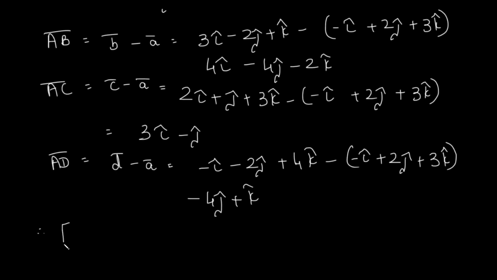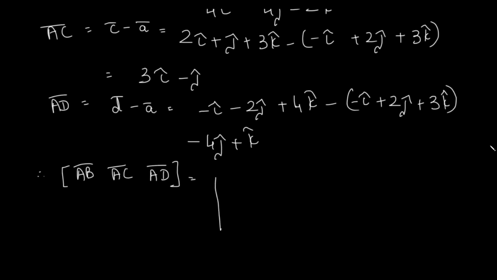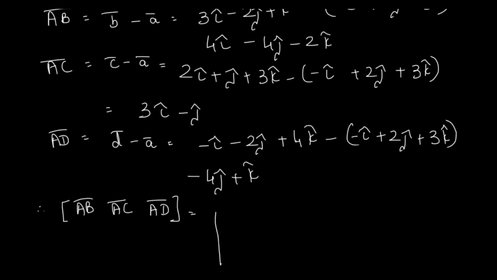Therefore, now find the box product of AB, AC and AD, the scalar triple product, which is written as a determinant, as you know very well by now. In this case AB is 4, minus 4 and minus 2. For AC we write 3, minus 1 and 0, and AD becomes 0, minus 4 and 1.